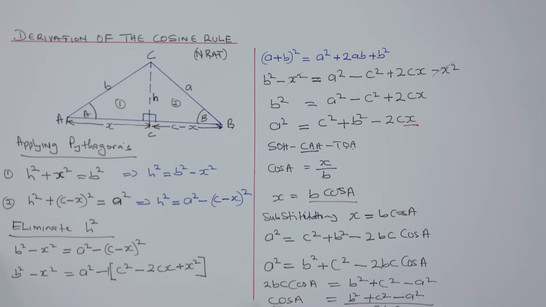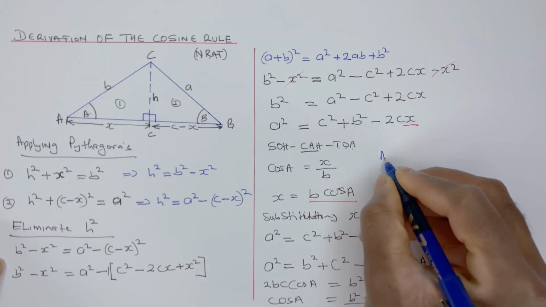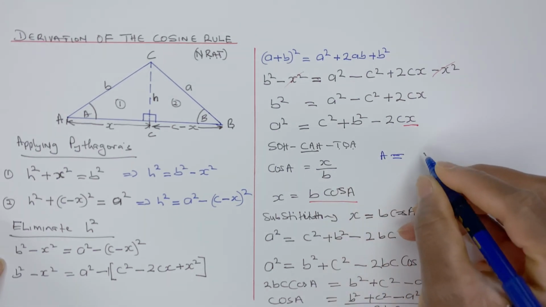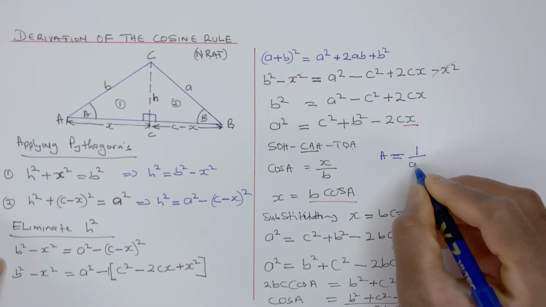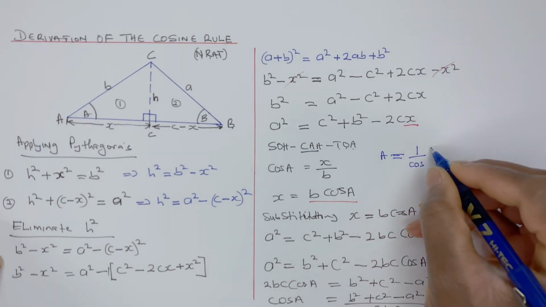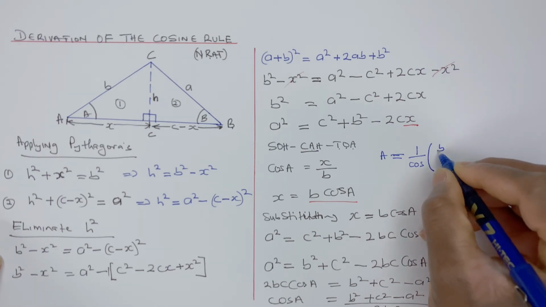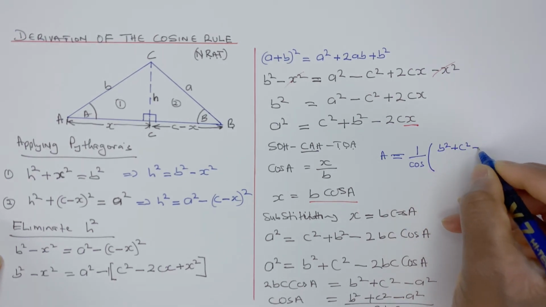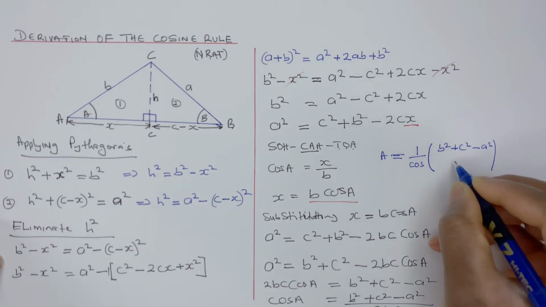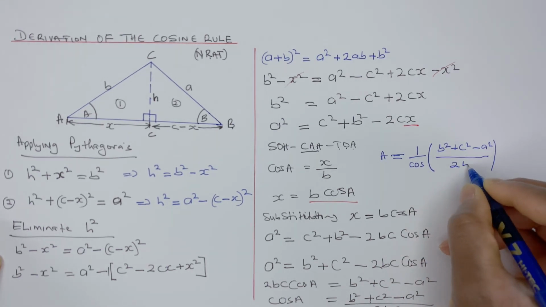And what am I looking for? I'm looking for cos a. If I want to find the actual angle a, I have to apply cos to the power minus 1 to that value. And that's how I find a. So to find a will be cos inverse, open bracket, b squared plus c squared minus a squared over 2bc.